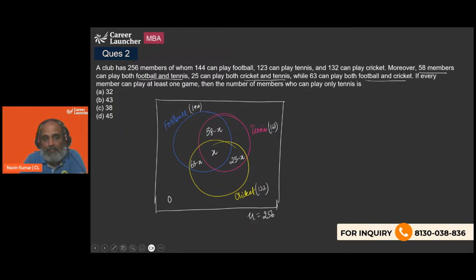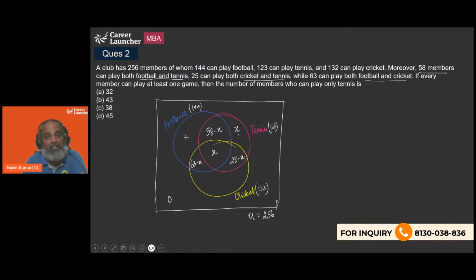Now, the largest circle is football here, so let's not count what we have there yet. Let's look at what expressions or terms we're going to have. If I look at the entire pink circle, the tennis set, the variables are minus x plus x minus x, so we need a plus x. Now the numbers: 58 plus 25 is 83.